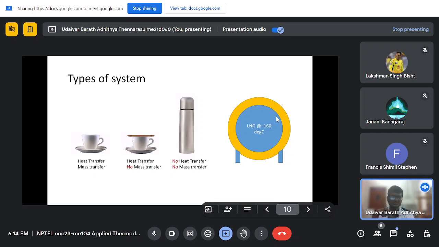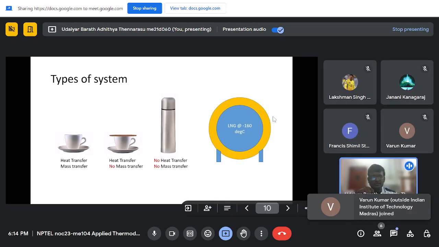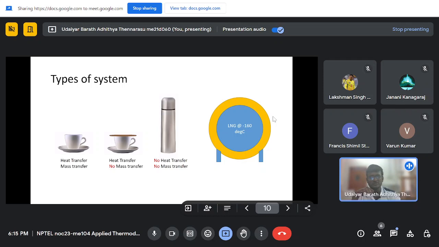The yellow part is the insulation of the storage vessel, and inside you are keeping the liquefied natural gas at minus 160 degrees Celsius. So what do you think this would be? Is this an open system, closed system, or an isolated system?